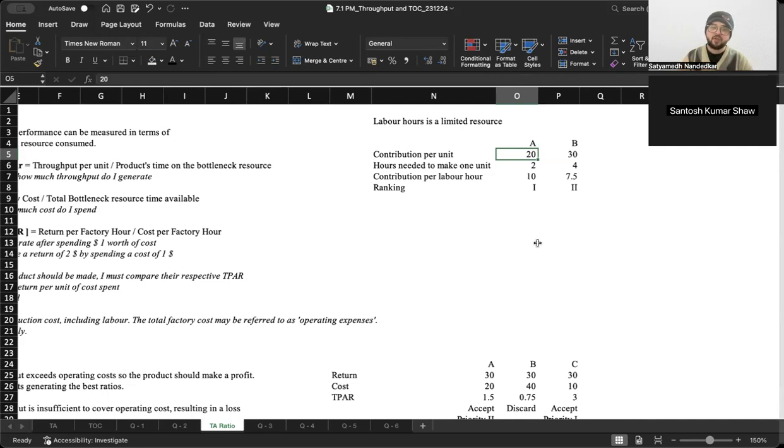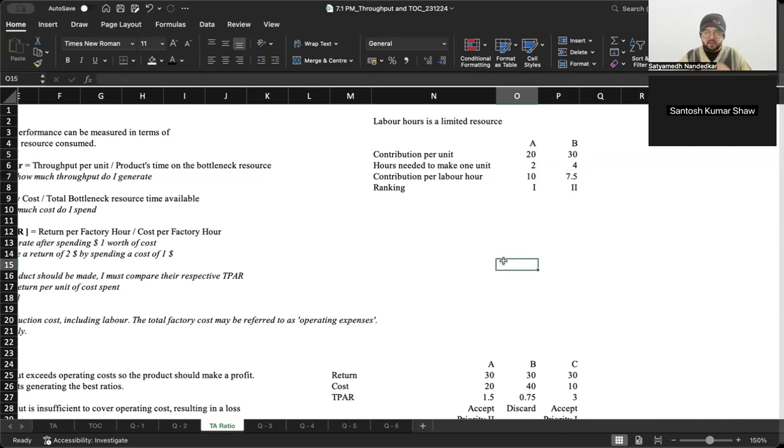If I make 1 unit of B, I get 30. But to make 1 unit of A, I need 2 hours. So when my labor works for 1 hour, how much contribution do I generate? I can generate a contribution of 10 per labor hour. If I'm making product B, 1 unit of product B gives me a contribution of 30. But to make 1 unit of product B, my labor has to work for 4 hours. So for every hour that he works, I get 7.5.